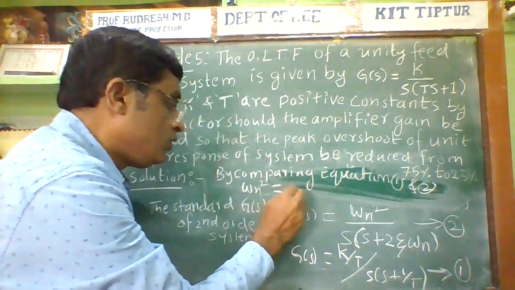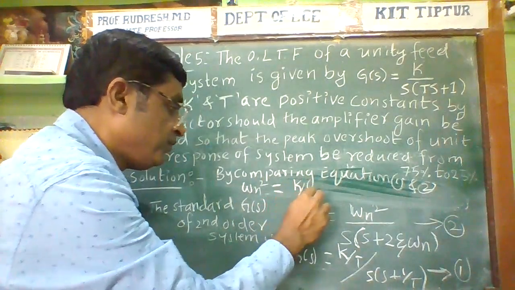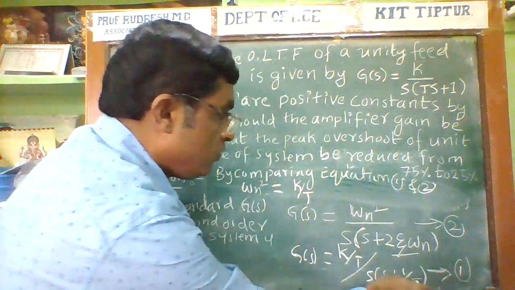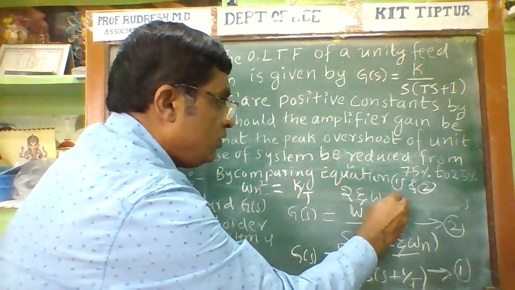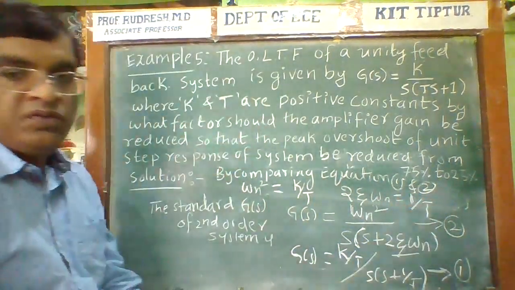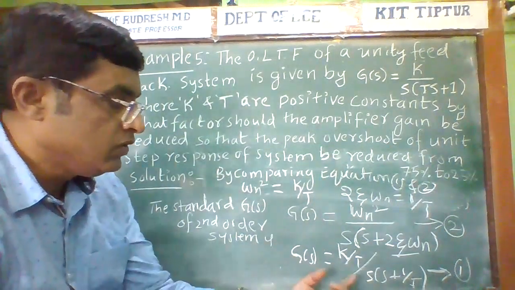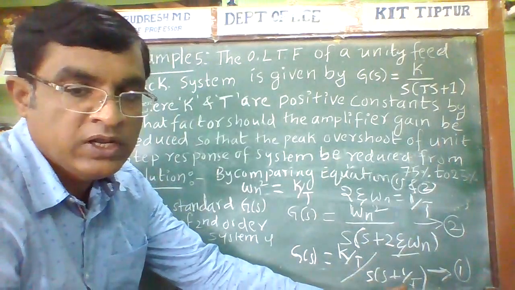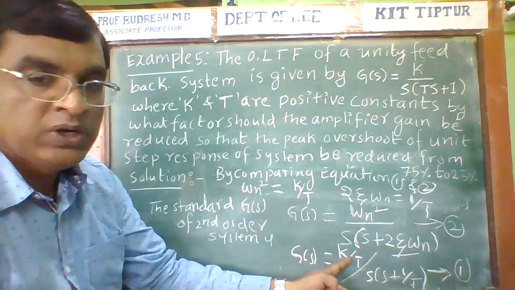Omega n square is equal to K by T, and 2 zeta omega n is equal to 1 by T. If you compare the two equations, s into (s + ...), same, 2 zeta omega n is equal to 1 by T, and the numerator is equal to K by T.